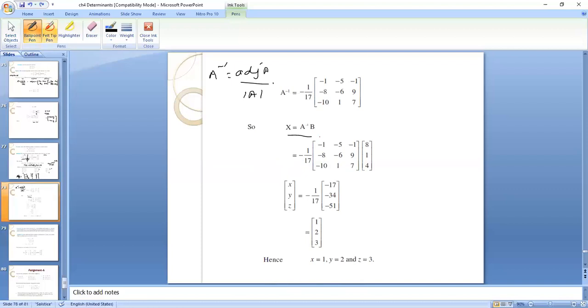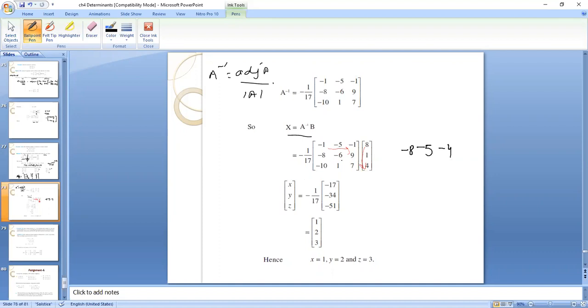So first row is 1 minus 5 minus 1, you will multiply with the first column. So we are having minus 8, right, plus minus 5 plus minus 4. So 8 and 4 12, 12 and 5 17 with the negative sign.